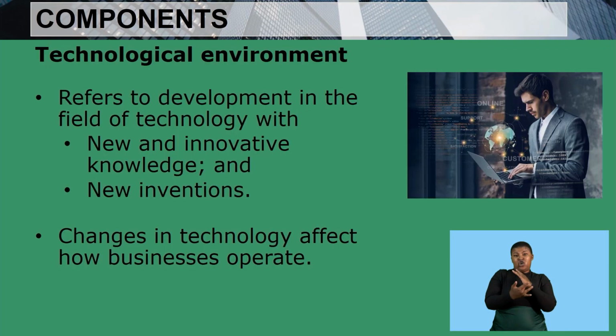So when we look at technological environment, it refers to the development. Everything that develops and changes in the field, of course, of technology. So this can be new or innovative knowledge used in technology, maybe new software that has been developed or new machinery that has been invented. So the second bullet here refers to new inventions.